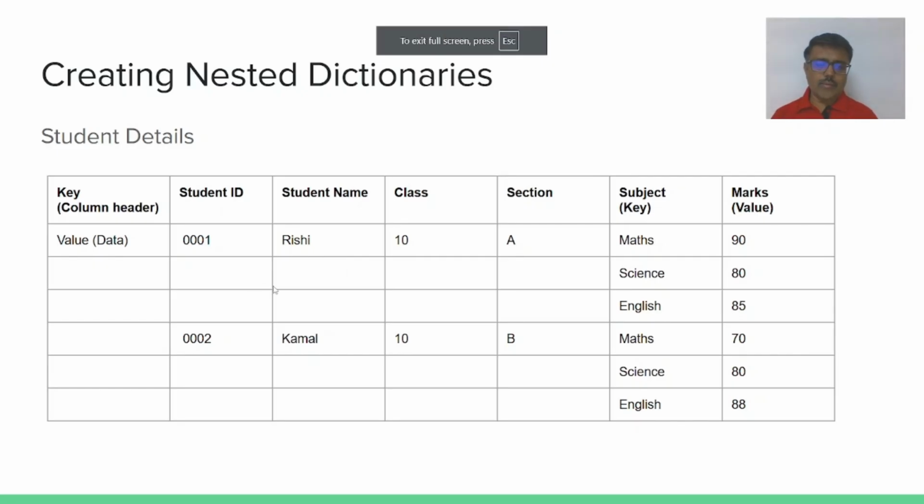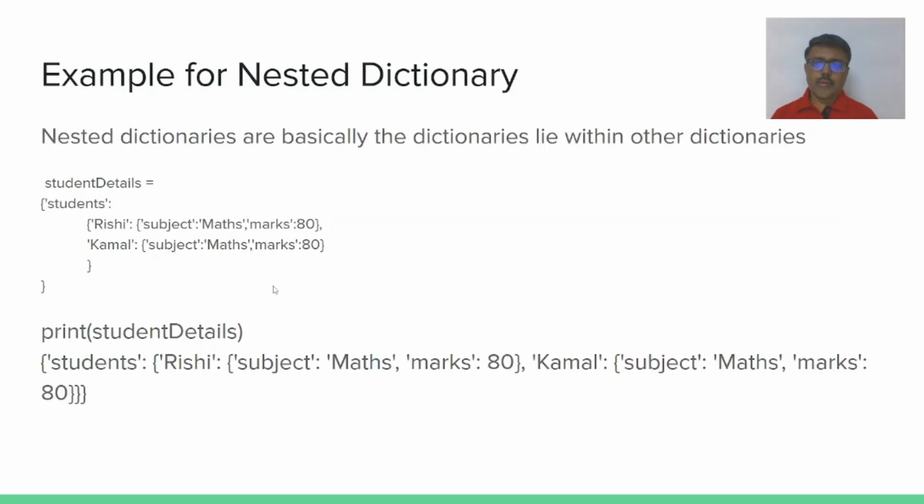You can see it here now. I will declare the variable name as student detail, and I have students as the variable. Here I'm assigning Rishi and Kamal, the two students.